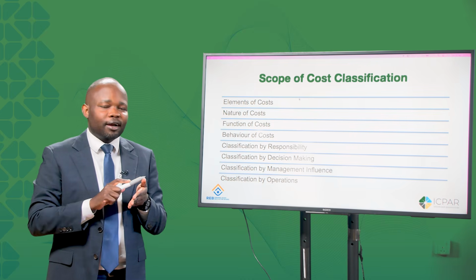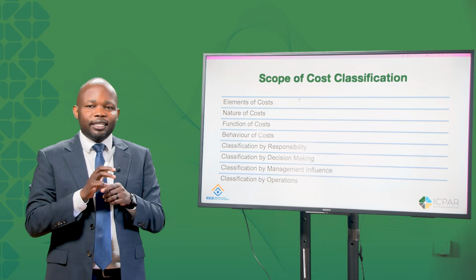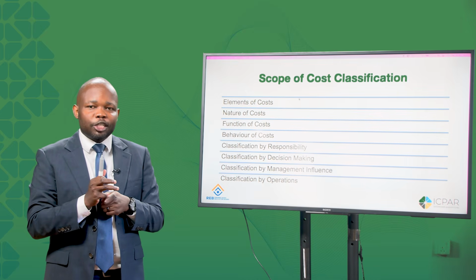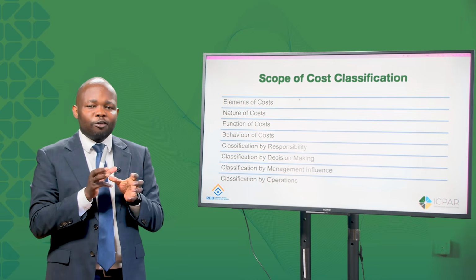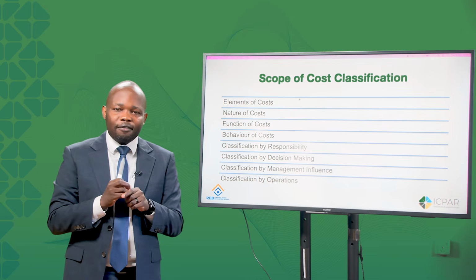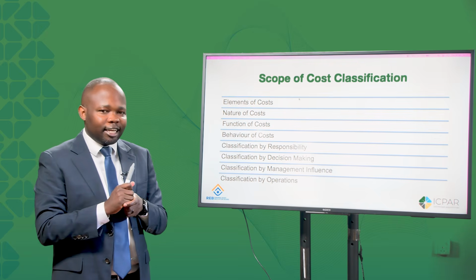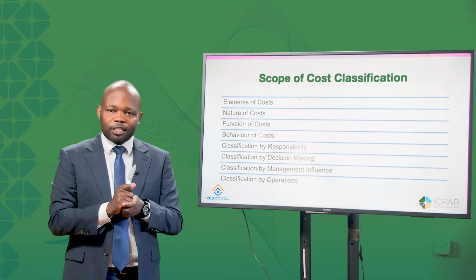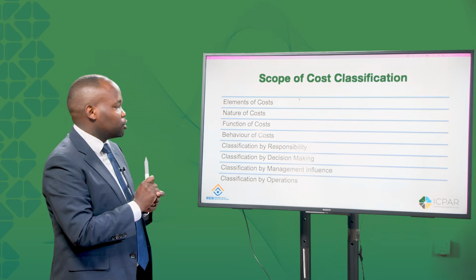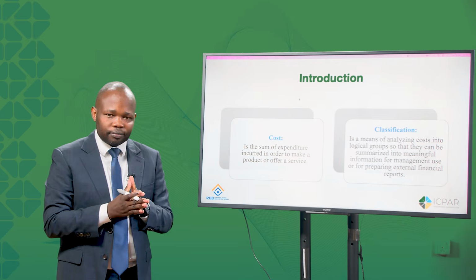Number 5, we have classification by responsibility. Number 6, we have classification by nature of operations, by operations. Number 7, we have classification by management influence. And lastly, number 8, we have classification by decision making. So there are 8 different ways to classify costs.